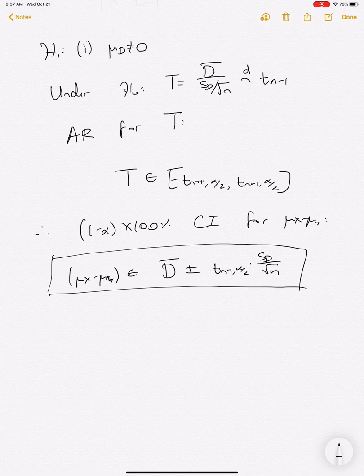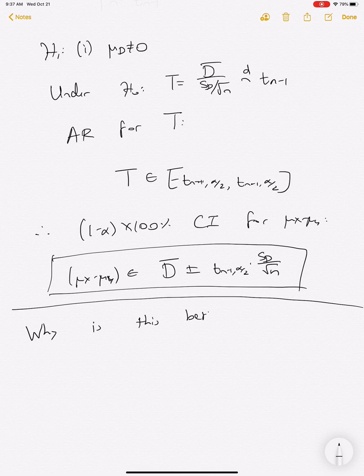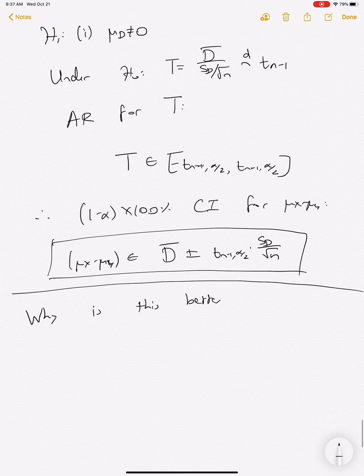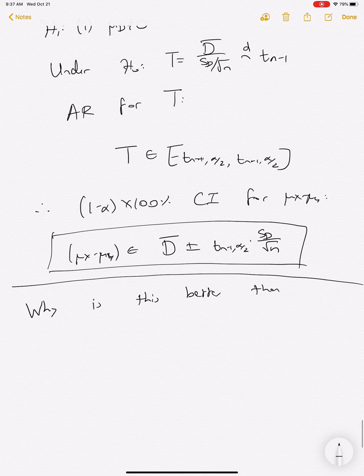Now, a natural question you might ask is, why is this better than doing a standard 2-sample test?